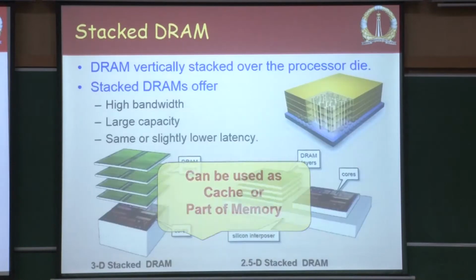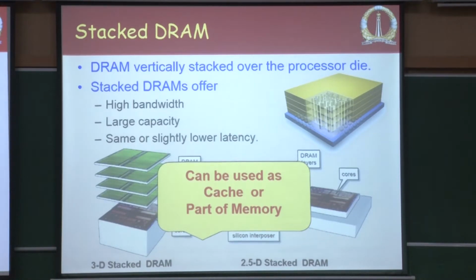Sorry, one thing I forgot to mention is that I am going to talk about using this stacked DRAM as a last level of cache, but one could also use this as a part of memory. How many of you know about the Xeon Phi processor? KNL, Knight's Landing. So what do you know about the Xeon Phi processor in connection with stacked DRAM?